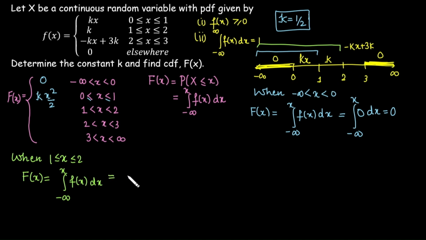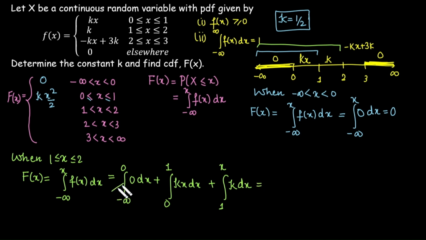So this can be written as minus infinity to 0, function is 0, then 0 to 1. What is the function value in this case? That is k of x dx plus 1 to x. अब जैसे ही हम 1 से आगे गए फंक्शन की वैल्यू चेंज होगी, दैट इज k, और x की मैक्सिमम वैल्यू क्या है 2, तो फंक्शन कॉरेस्पॉन्डिंग टू दिस इज ऑलवेज k.